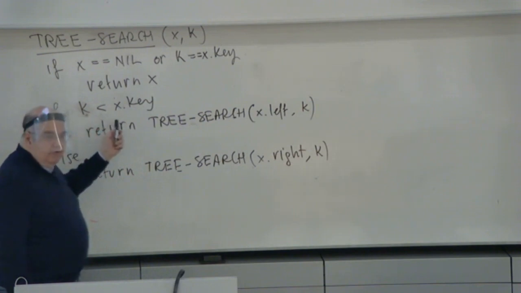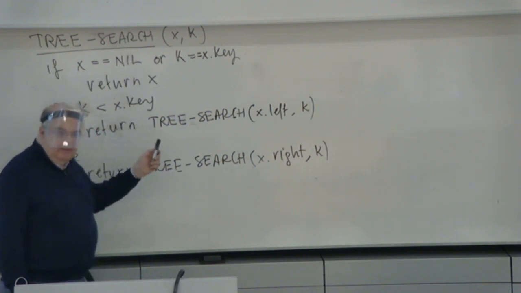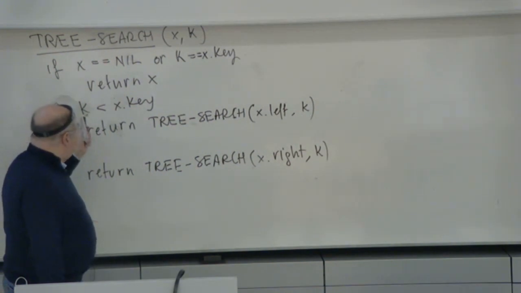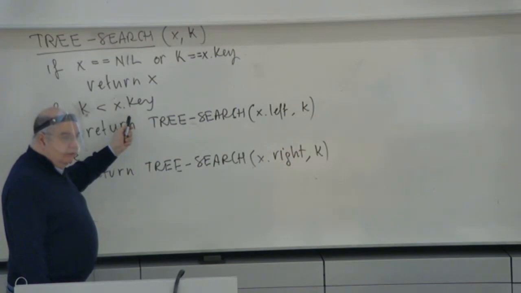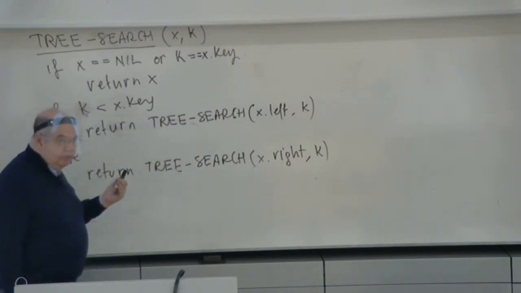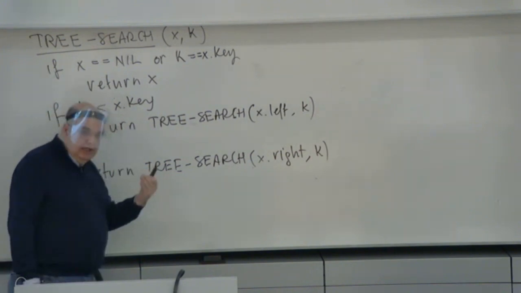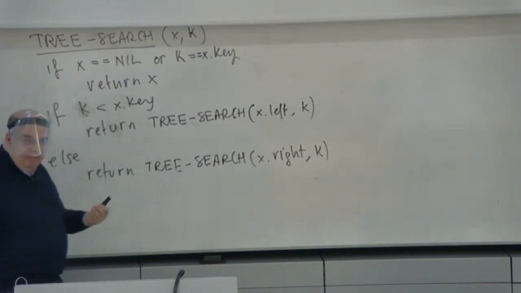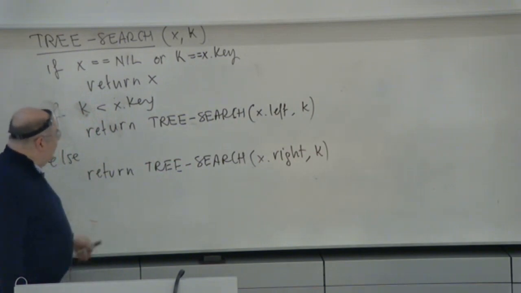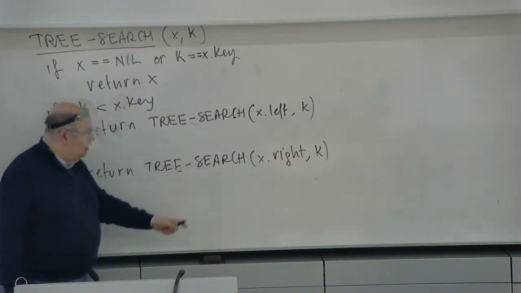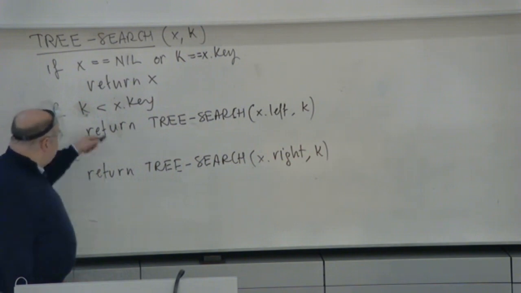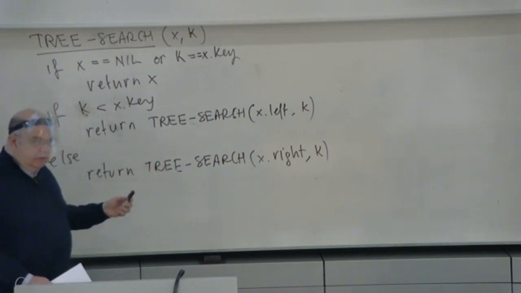This is obvious given the binary search tree property. If k is less than the key at the node where you are, you have to take the left child and look into the left subtree, because the key must be there. Instead, in the other case, you look into the other subtree.